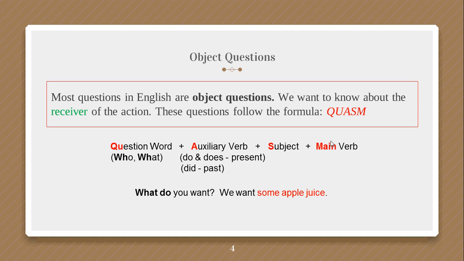So here we have an example. If we have the sentence, "We want some apple juice," we begin with a WH question. Apple juice is a thing, so we can use what. What do you want? We want some apple juice.